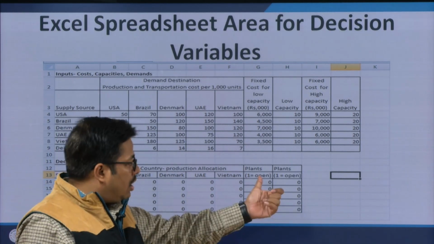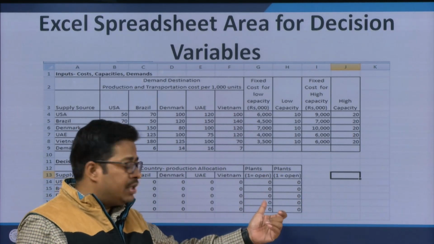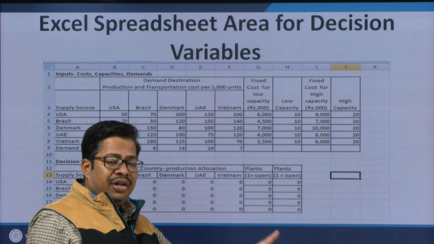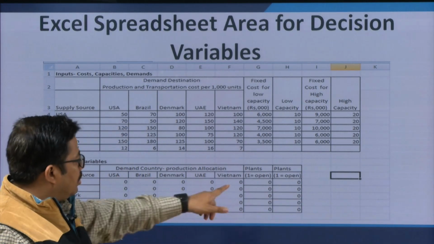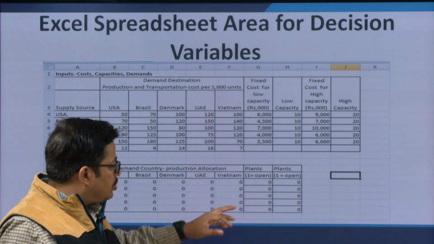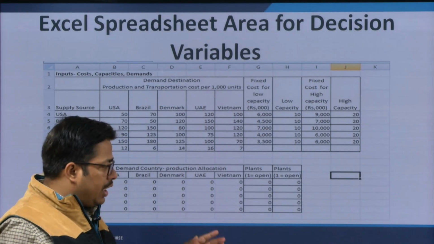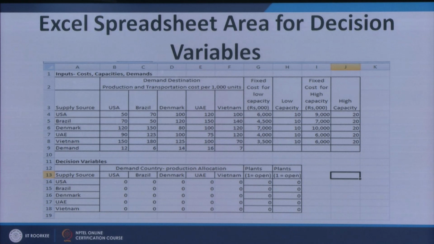We are taking binary decision variables, as we discussed in the last class, for these plants. If a plant is open, 1 represents open and 0 represents the plant is closed. So right now there is no open plant, all plants are closed, and therefore in the next issue we will see how many units we are producing and how many units are going from a particular source to a particular destination.